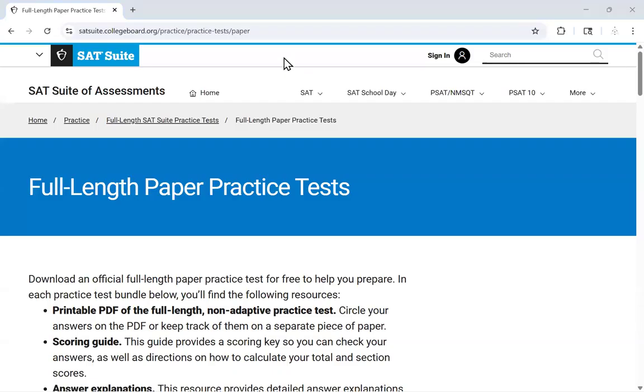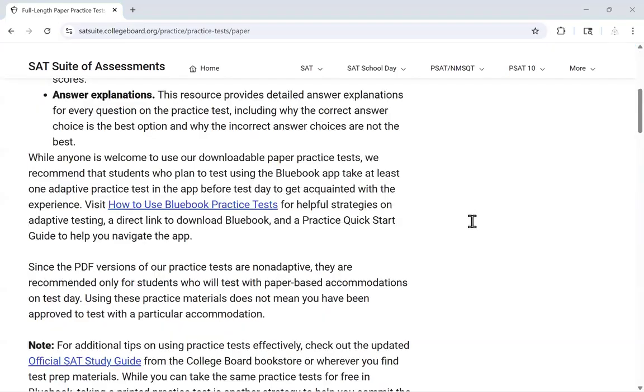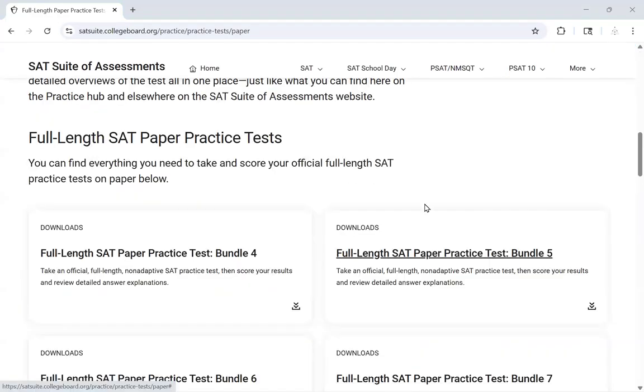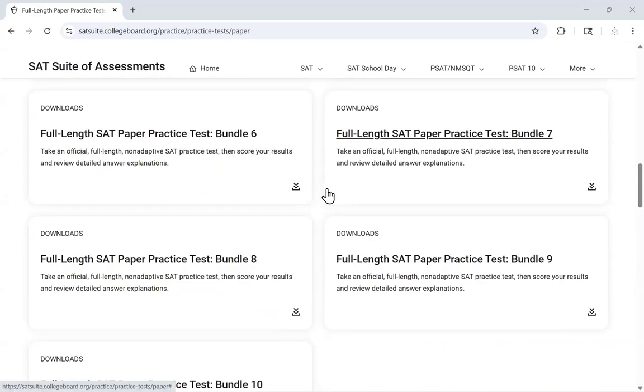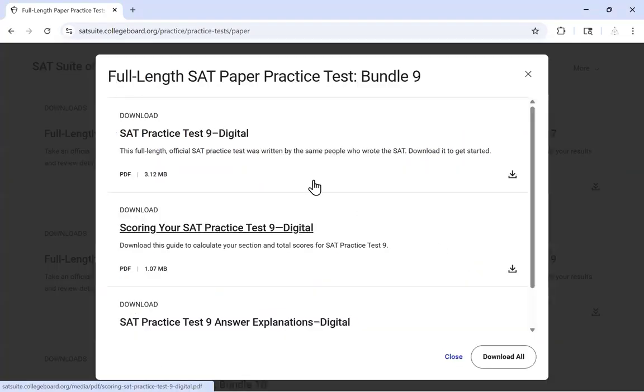If you do go to that website, we're looking at the full-length paper practice test section. And as you scroll down, you'll see that bundles 1, 2, and 3 are no longer there as of, I believe, February of 2025. There are still ways you can get 1, 2, and 3 online, but we're looking at bundle 9.